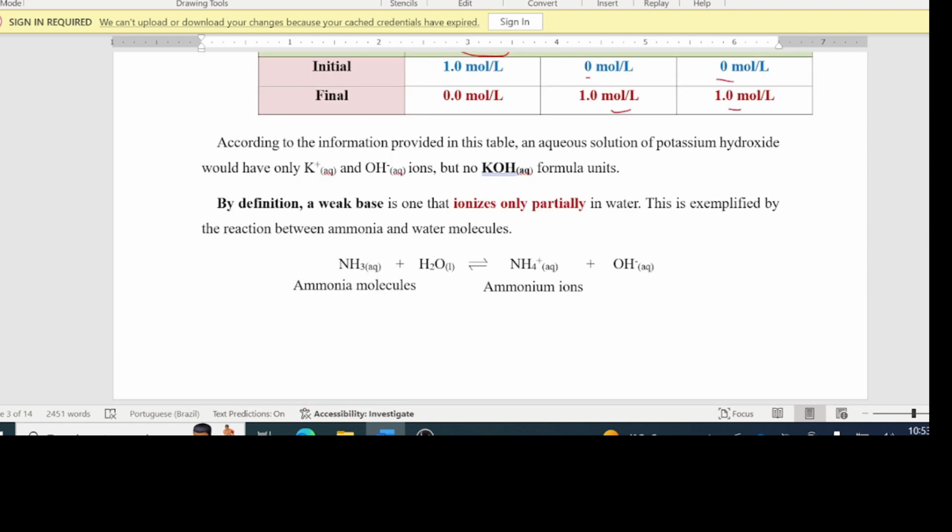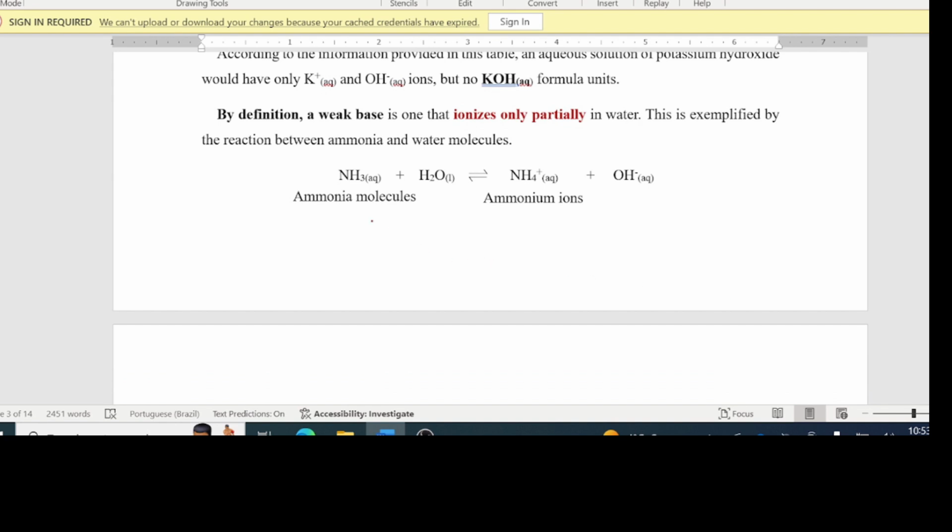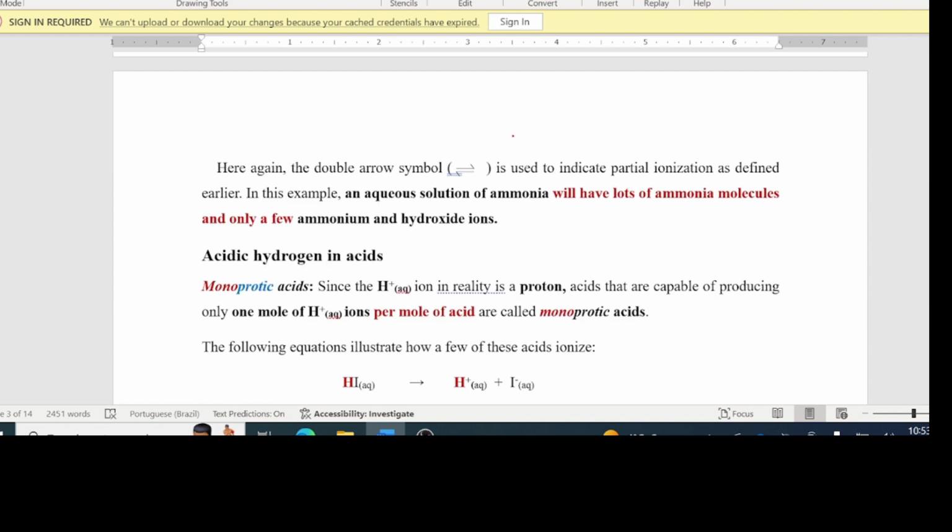There are others which only partially ionize, like ammonia, for example. We react it with water, giving ammonium ions and OH minus ions. Okay, so only a small concentration of that you have in weak bases. Again, you're seeing this here indicating to you partial ionization. Acidic hydrogen in acids.